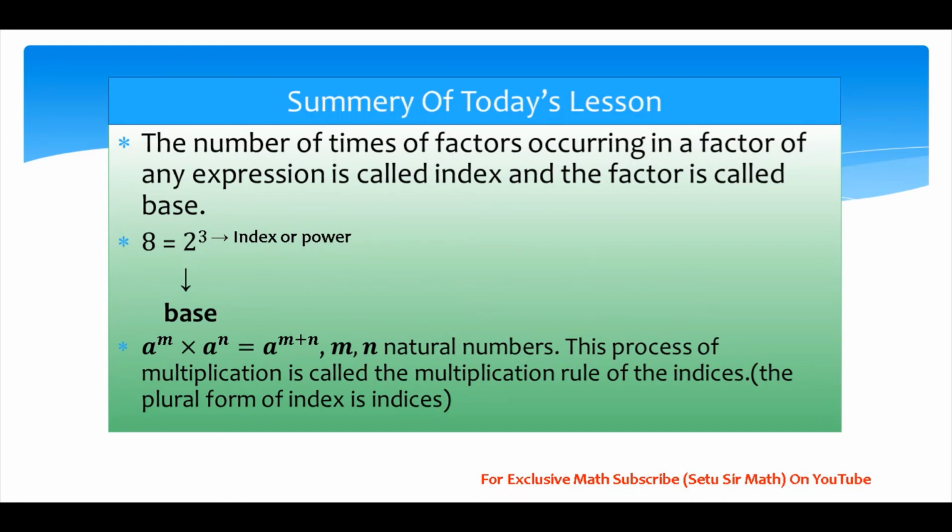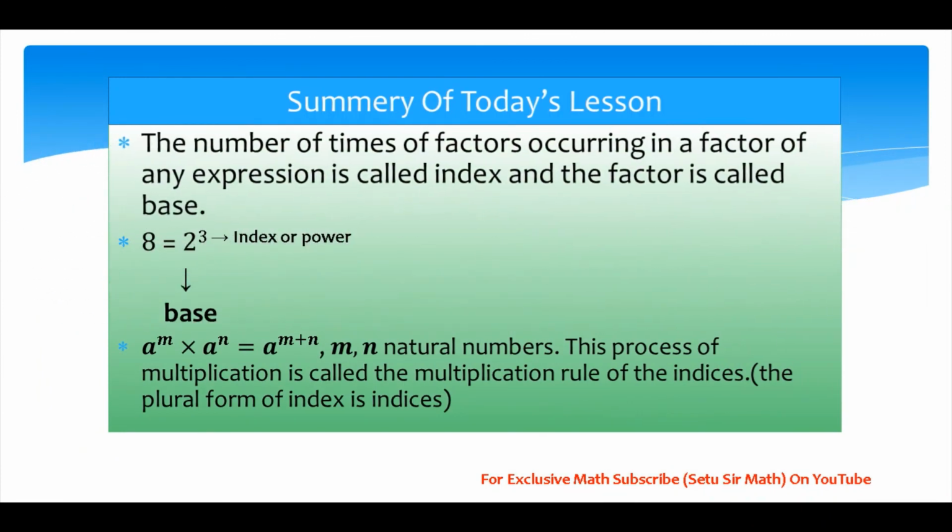That is the very important formula for you. The process of multiplication is called the multiplication rule of indices. The plural form of index is indices. So that is the summary of today's lesson.